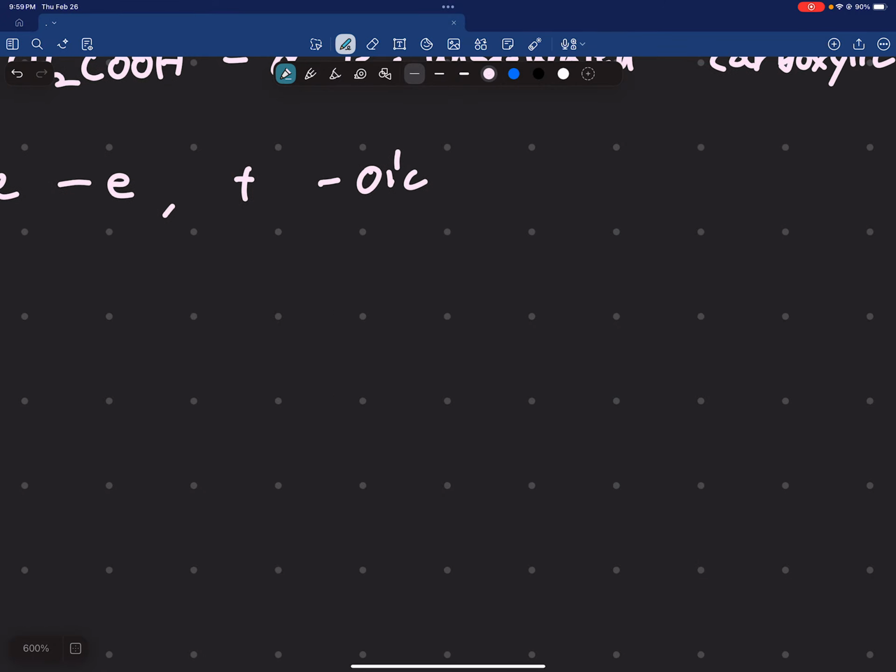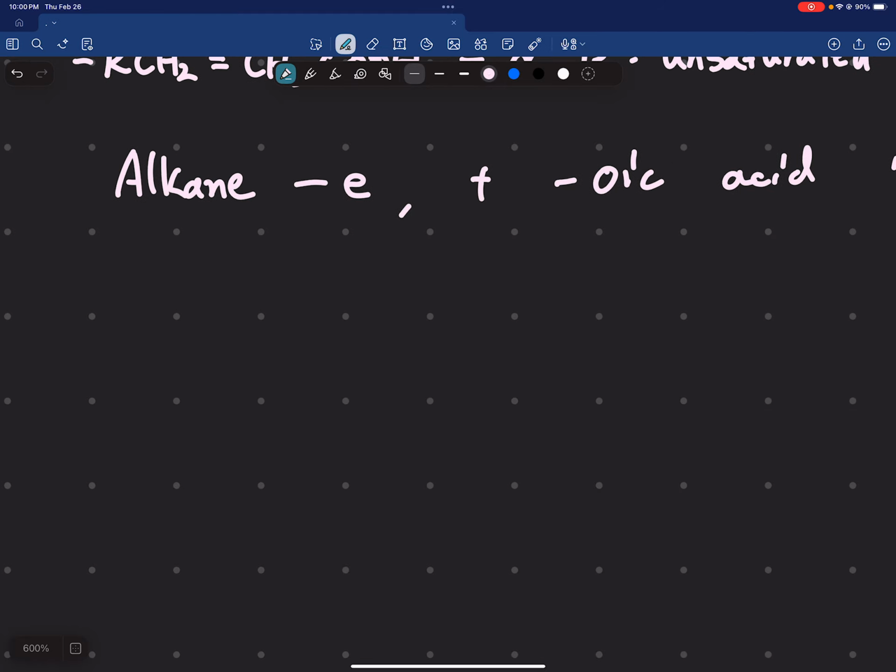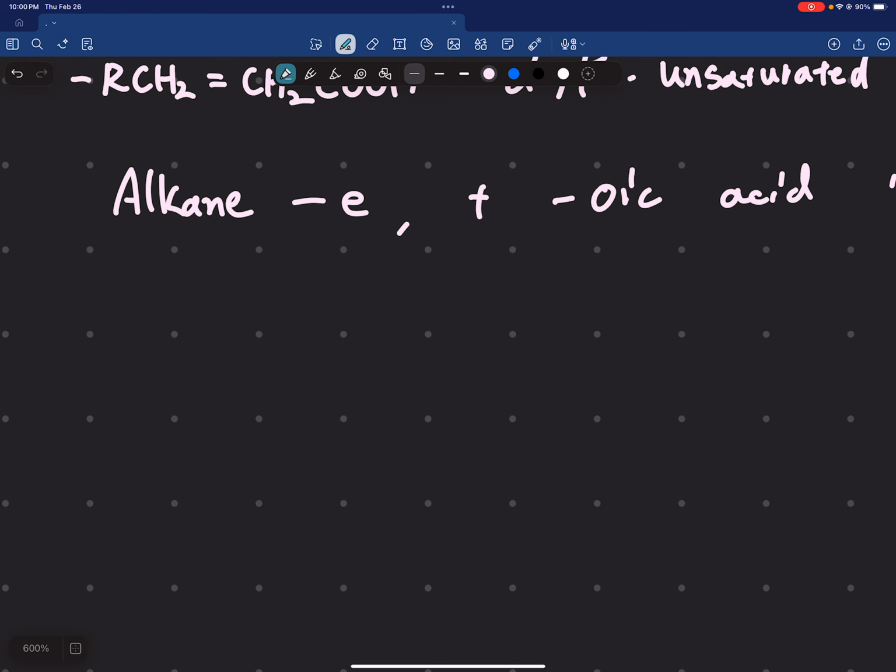The chain will be numbered beginning with the carbon of the carboxyl group. We'll go over the structure later.